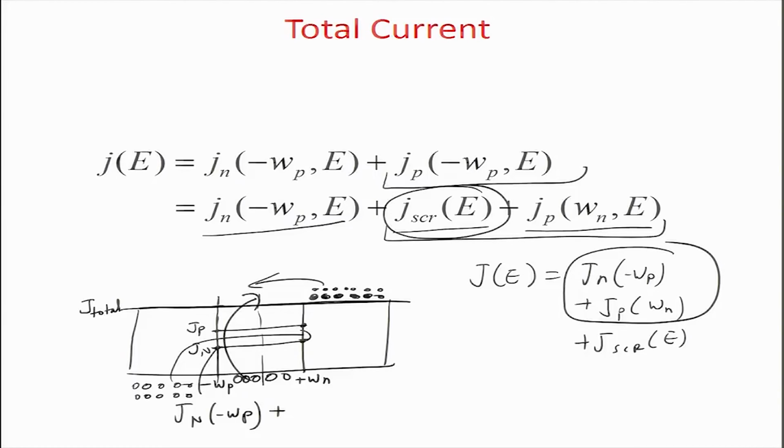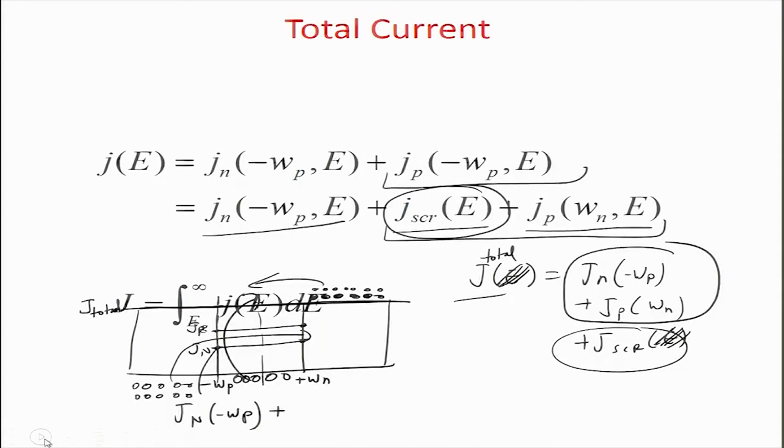So, this is J total. If you forget about the energy part here, at a given energy, in dark this was the expression. Under light, since you generate an extra current from the space charge region because of generation recombination, you add an extra current at a given position, whether on this side or on that side.